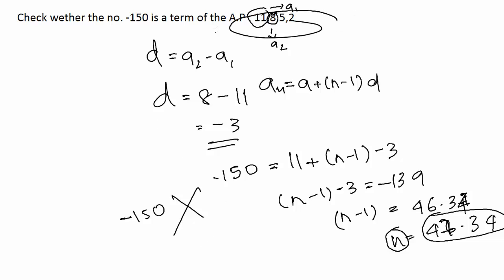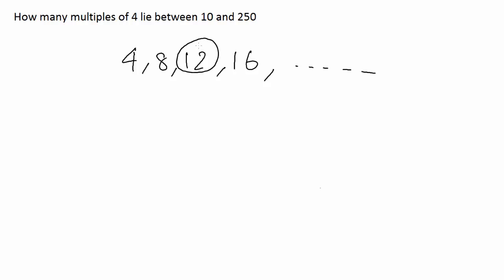This is question number 14 of exercise 5.2. How many multiples of 4 lie between 10 and 250? The multiples of 4 are 4, 8, 12, 16, etc. Now what comes after 10? 12 comes after 10. Okay, fine.